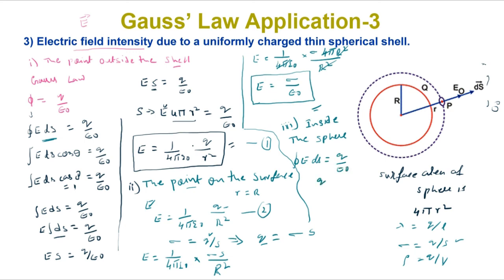Here the charge is equal to 0, so the outward flux E into ds is equal to 0. The answer to the third one is 0.